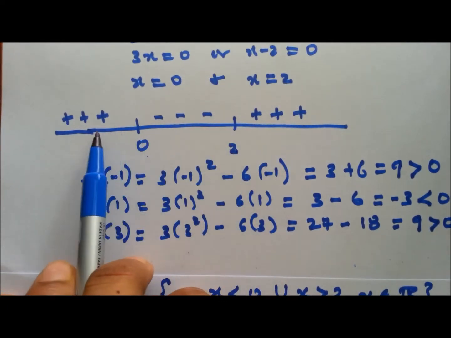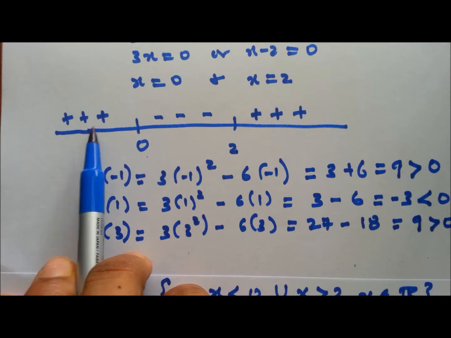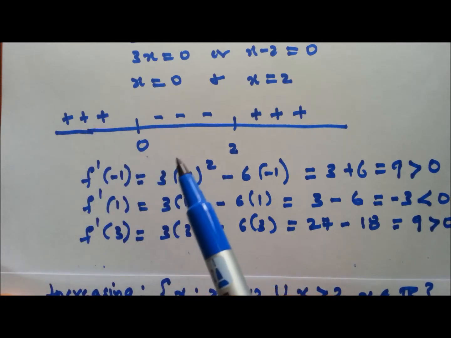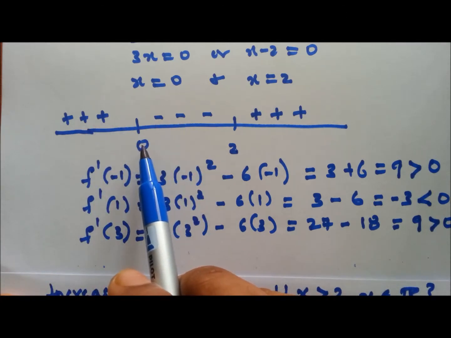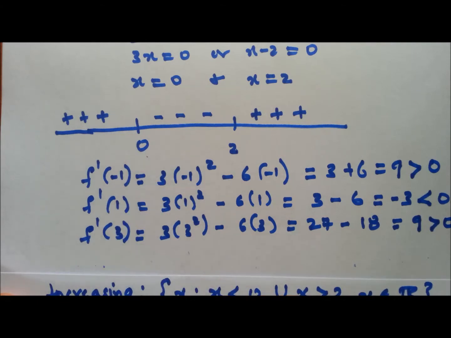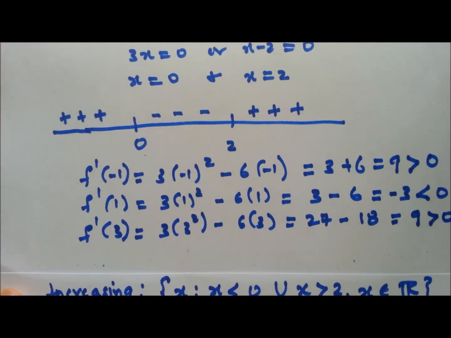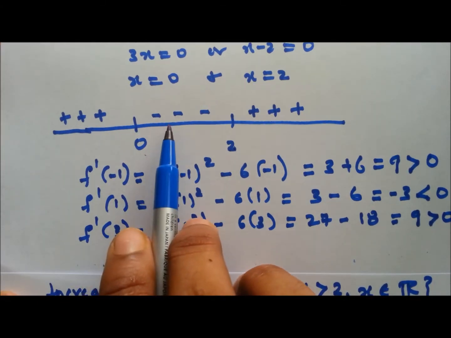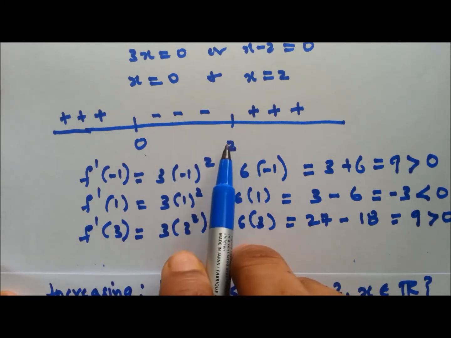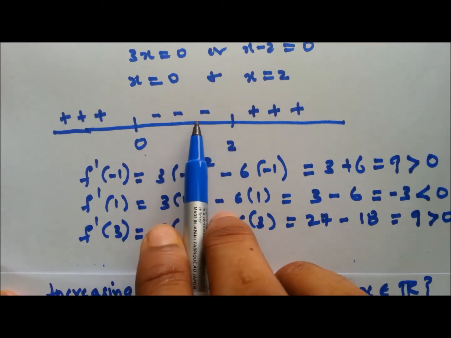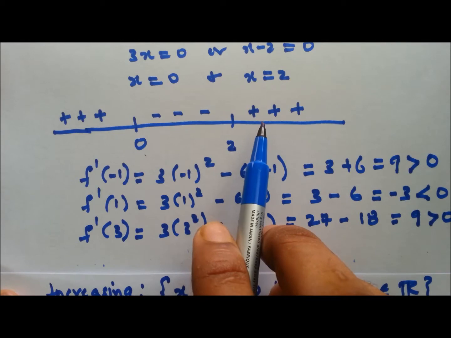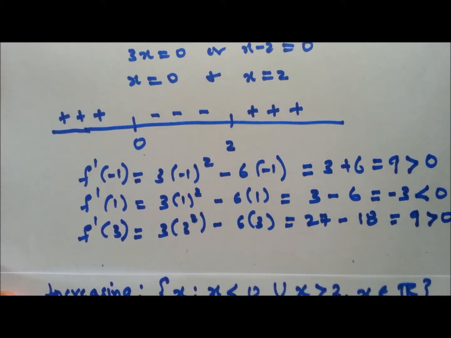To the left of 0 is positive and to the right is negative. Therefore 0 is the relative maximum, because a positive slope followed by a negative slope results in a relative maximum. And then look at 2. To the left is negative, to the right is positive. So according to the first derivative test, that's a relative minimum.